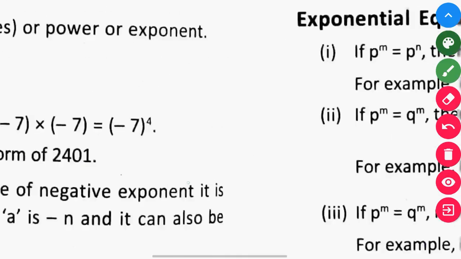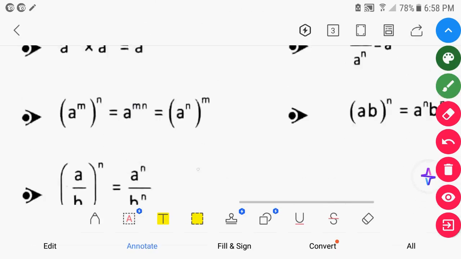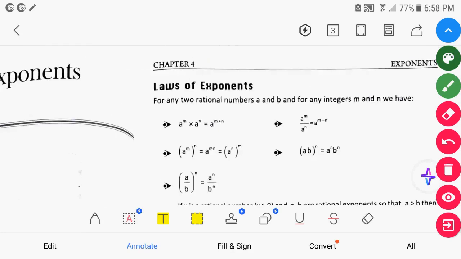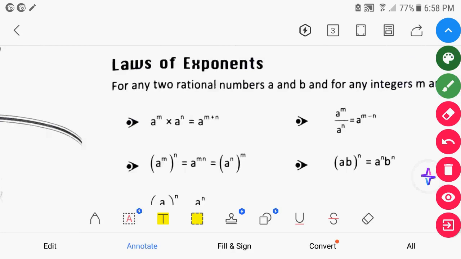Now some operations we can carry out on exponents, like addition and subtraction. If two rational numbers are in multiplication, their exponents are integers m and n, and the base is the same, then the exponents are added.